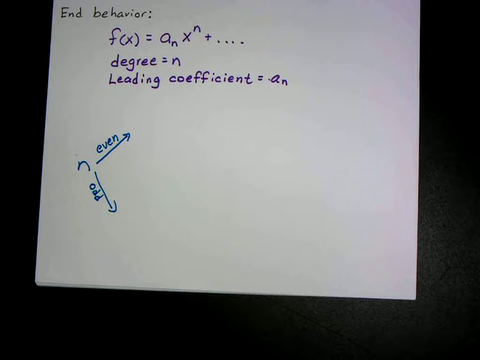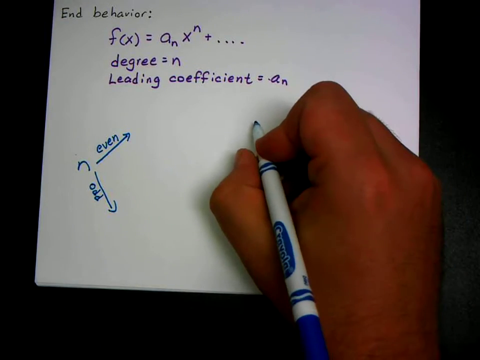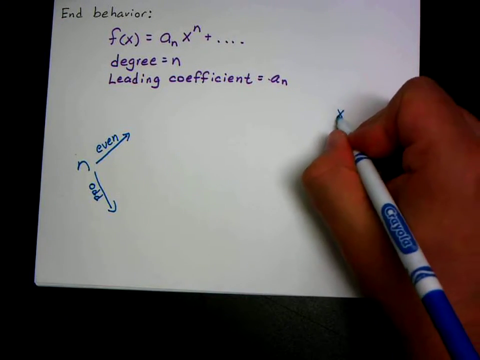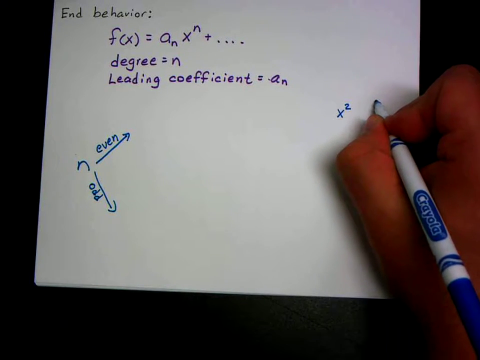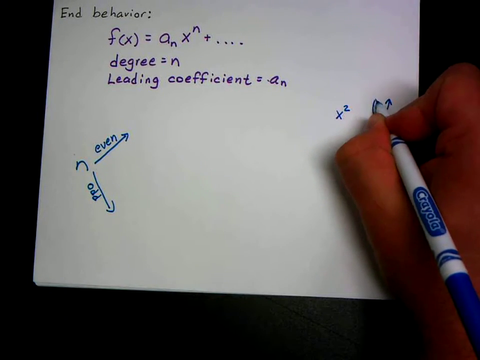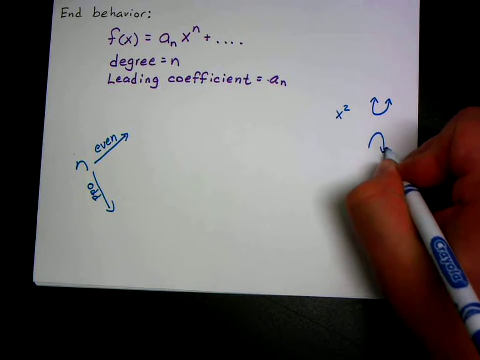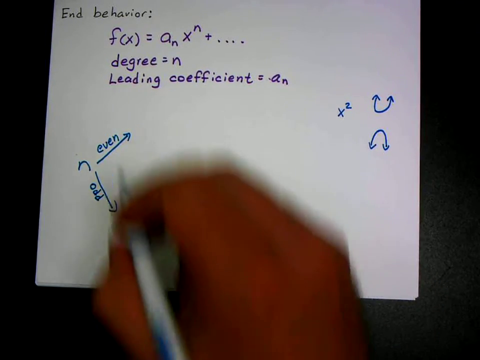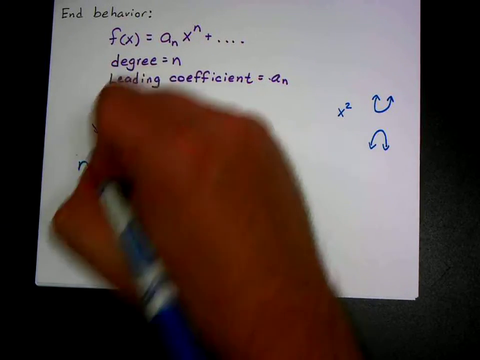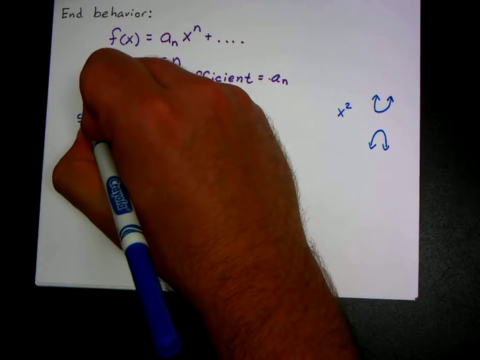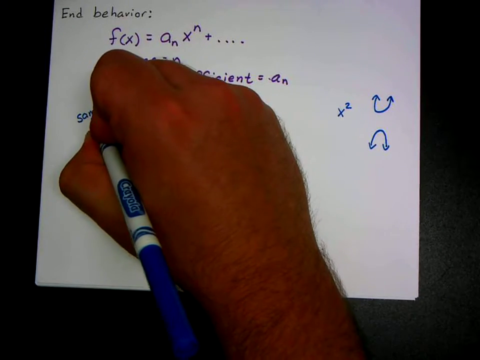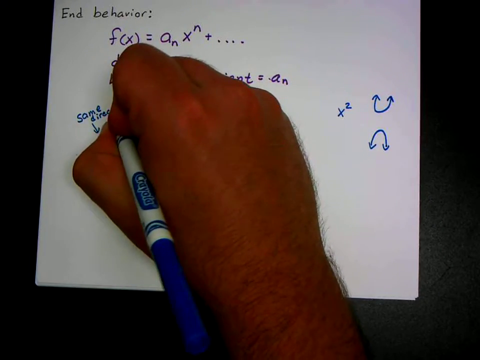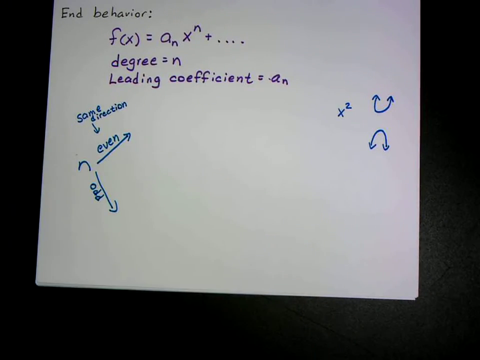What is the end behavior of a parabola? Yeah. Parabolas always go up and up or down and down, correct? So, a parabola always looks like this or like this. So, wherever you have an even power, they always end up going in the same direction. Always.